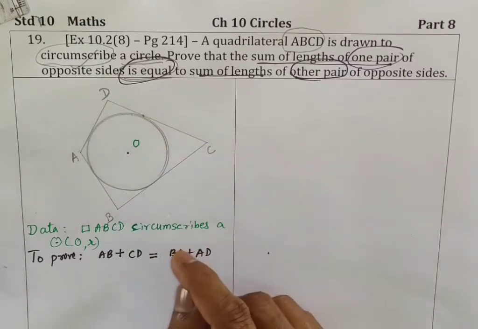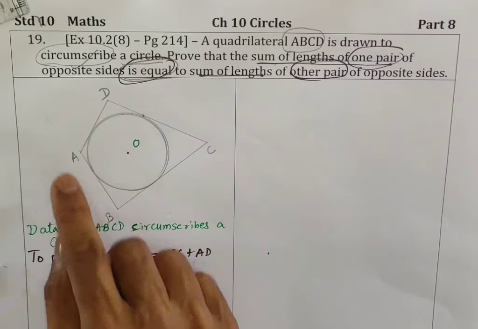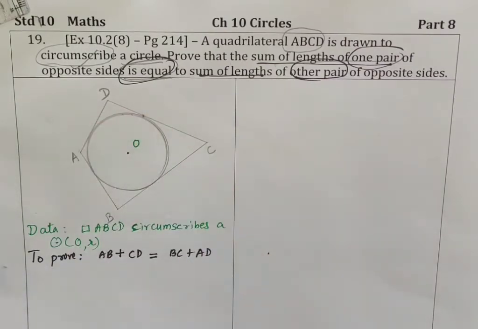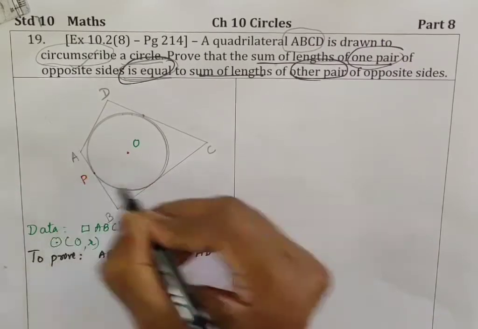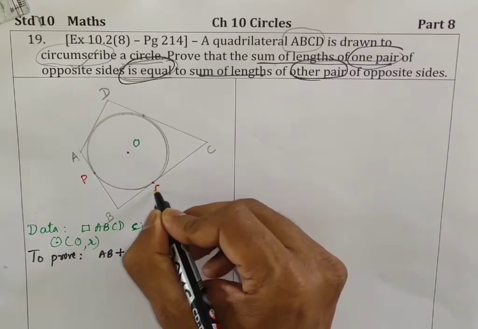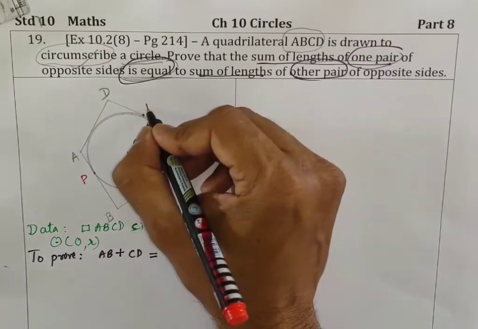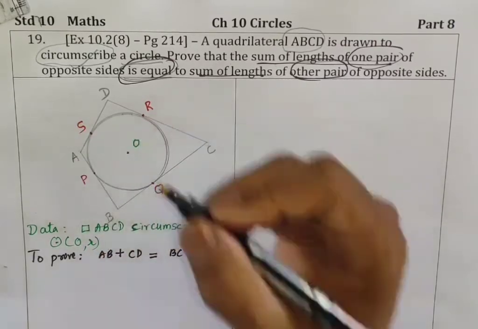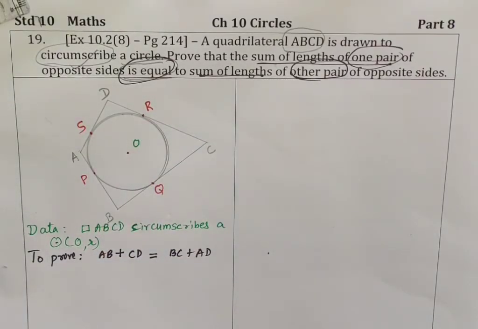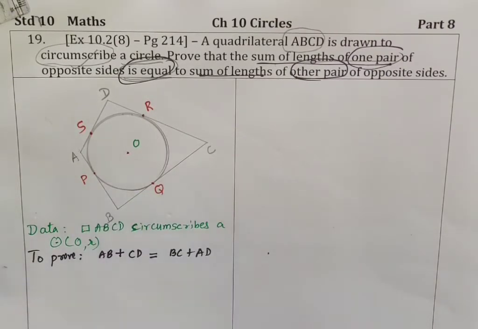So length of the tangents are equal. Same way D, same way A. So we need the points of contact. Suppose AB touches the circle at point P, BC touches the circle at point Q, and CD touches at R, and finally AD touches the circle at point S. Children, by the previous theorem 10.2, BQ equal to BP होता है कि नहीं?